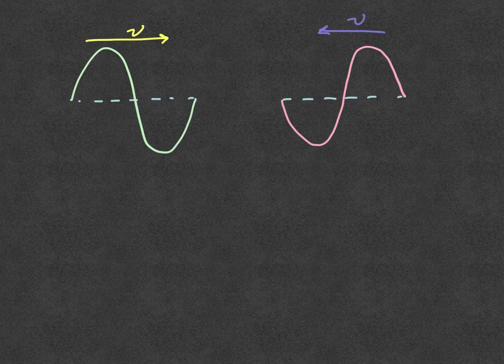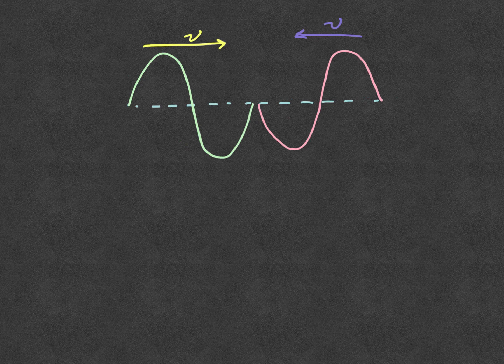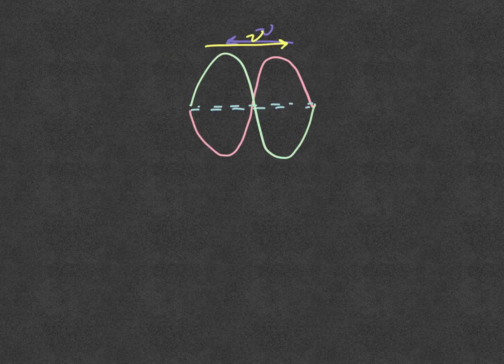Let's look at our two waves again. This time the pink wave has a trough and then a crest. If we look at each one of these as they move towards each other and begin to overlap, we see in the end that we have a positive green wave and this negative pink wave, and when we add these two amplitudes together, we will get nothing.